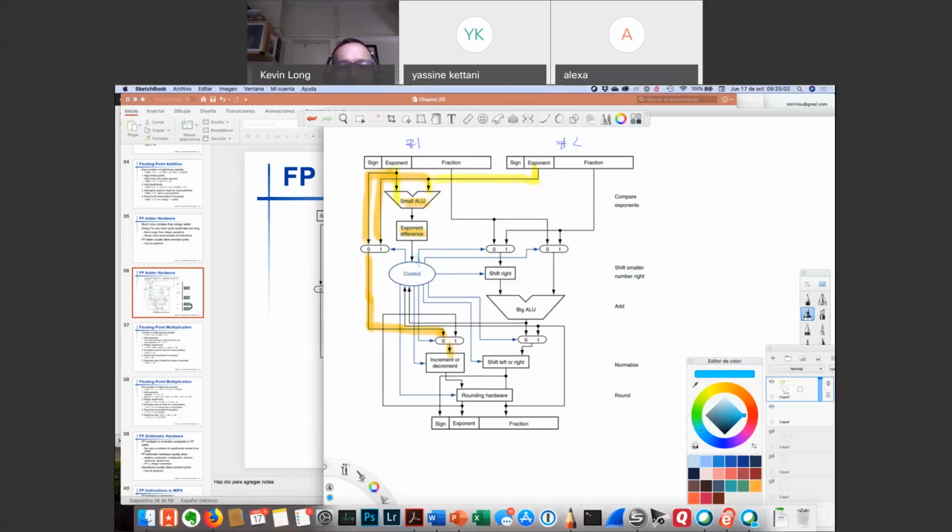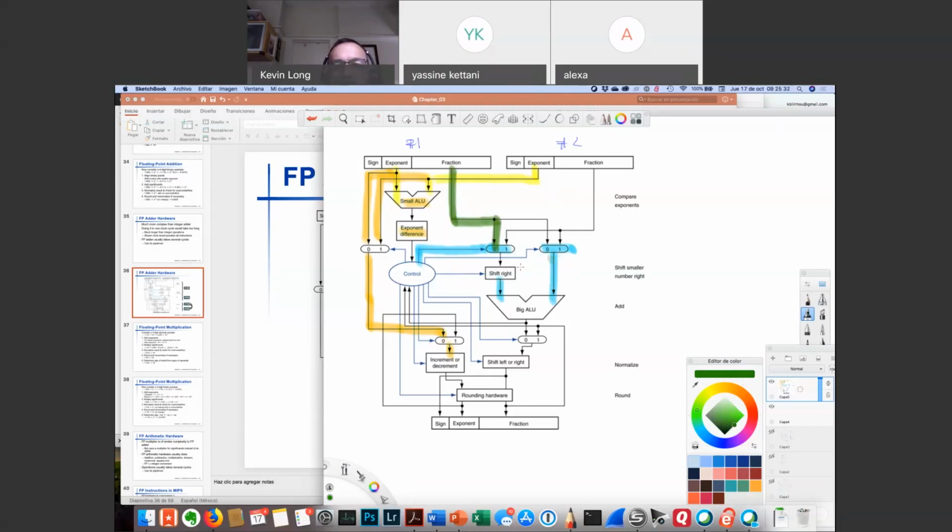Once the control knows what's going on with the exponent, it's also going to tell this pair of multiplexers what's going on. It's going to add the mantissas together, since this is addition, but before it can add the mantissas together, it's got to make a decision about which one needed to be shifted.